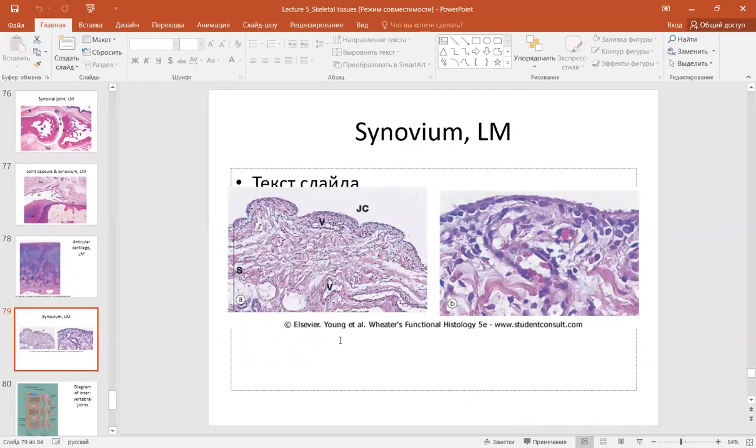And the synovial membrane, showing you the joint cavity, the vascular elements of the synovial membrane, the macrophages arranged in a regular manner on the top of the surface of the synovial membrane, and connective tissue collagen fibers reinforcing the joint capsule.